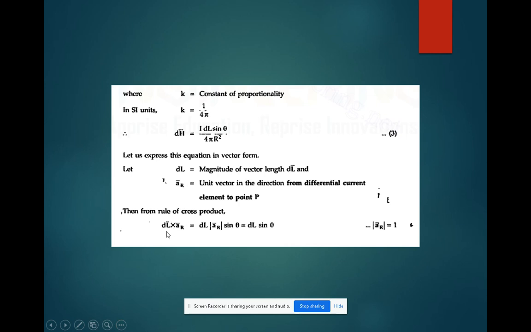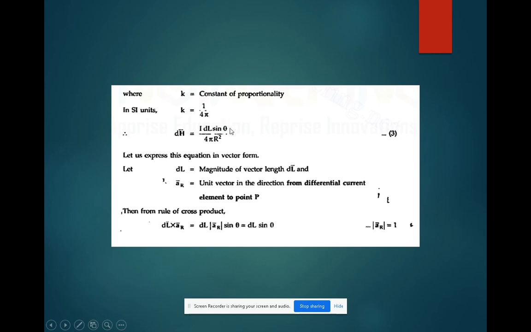According to the cross product rule, dl vector cross aR vector gives modulus of dl vector times modulus of aR vector into sine theta. The modulus of dl vector is simply dl, and the modulus of aR vector is nothing but 1. So finally we get only dl into sine theta.